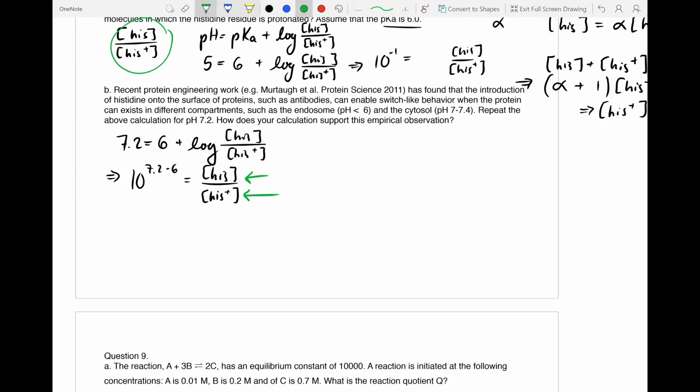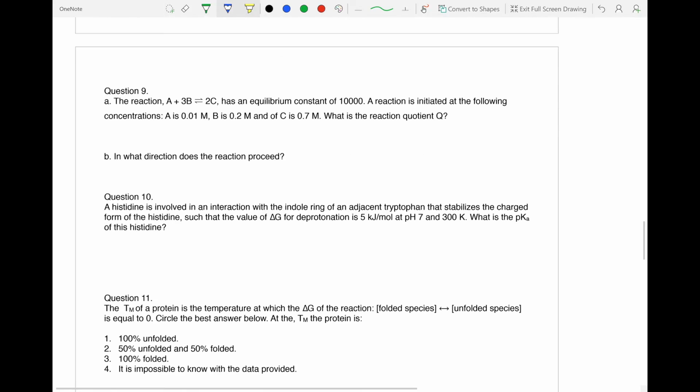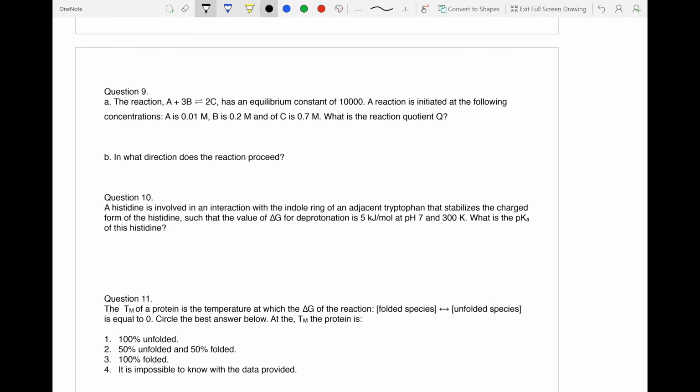Okay, moving on to question 9. We have the following reaction, and we're given an equilibrium constant.